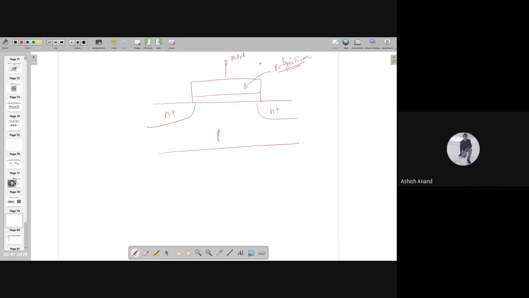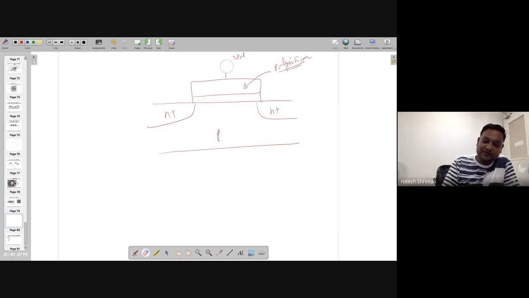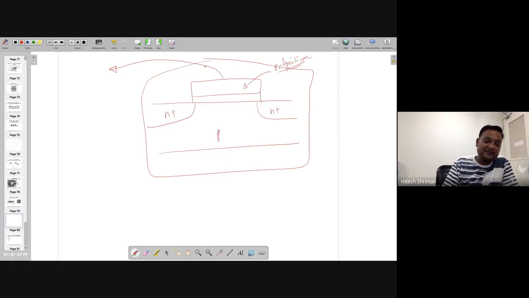Yes, sir. Okay. So inside the chip, this is made up of polysilicon. But if you want to take a connection outside the IC, how can you make the connection? Connections need metal. That's why we have the metal layers, and through metal layers you make the contacts and vias.